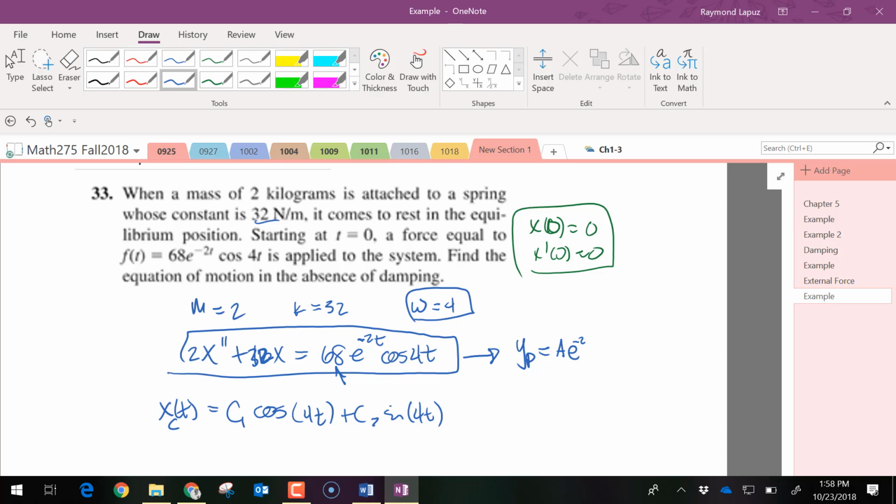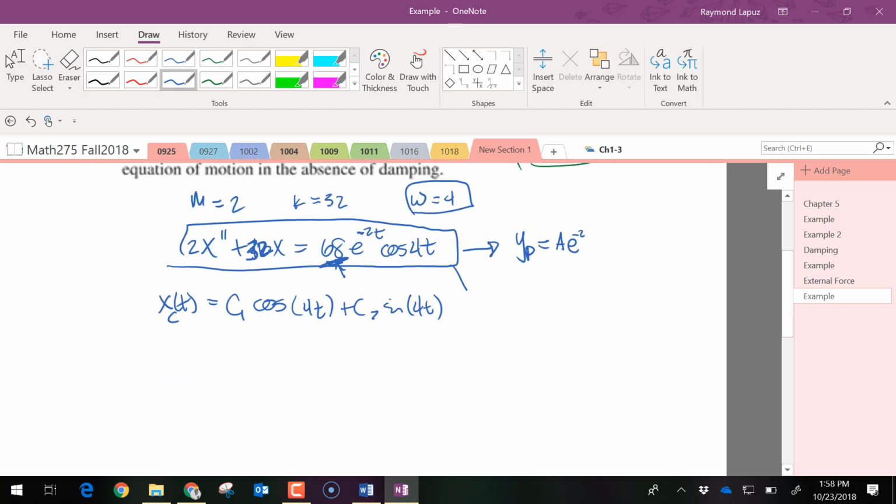And I kind of did this as if it was homogeneous. So this has to be divided, so x double prime plus 16x is equal to 34.